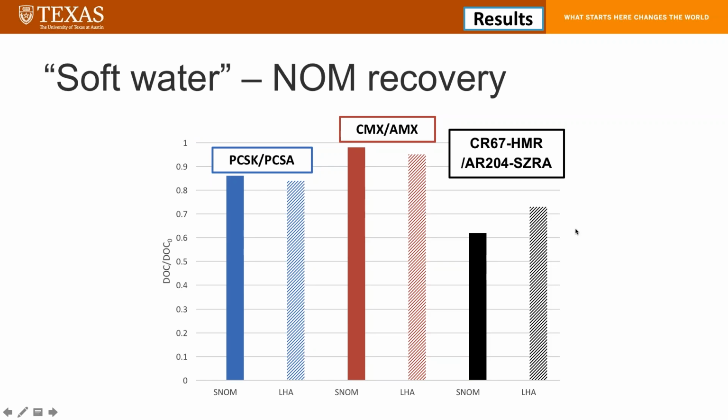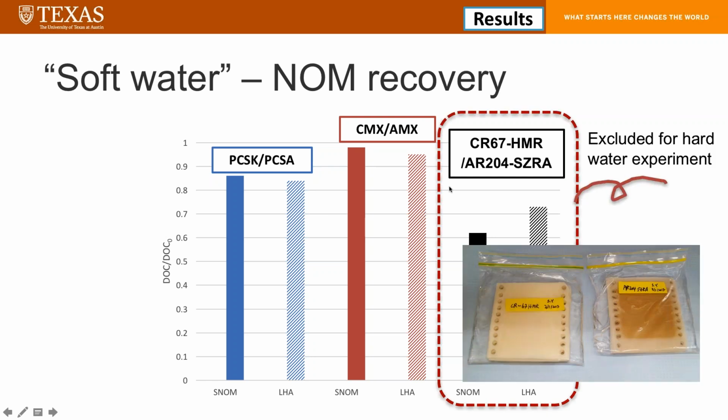Here's the NOM recovery at the end of the experiment. CMX and AMX NOM recovery is almost 1, and for the PCSK and PCSA it's like 28% to 27% at Swanee River NOM and leonardite humic acid. But for CR67 and AR204, like the UV results, it shows really poor NOM recovery, so we excluded this membrane pair for the hard water experiment.